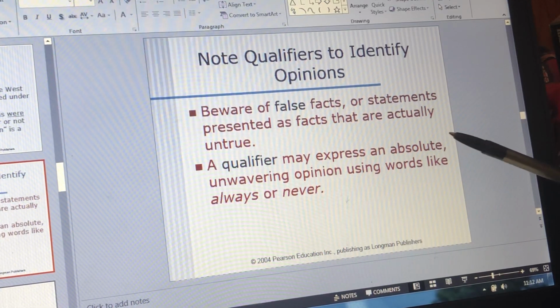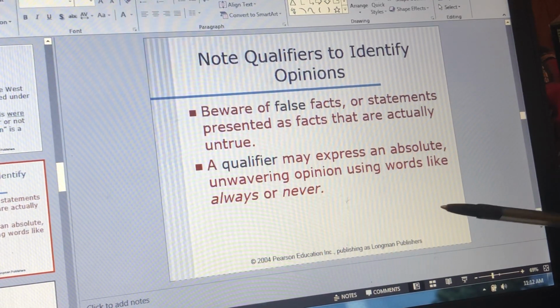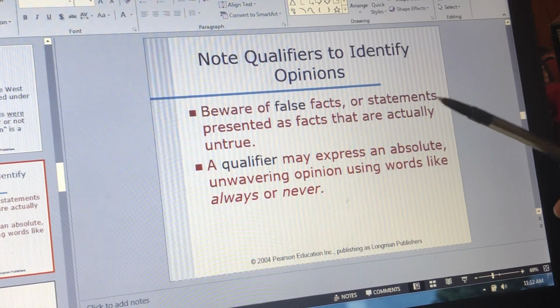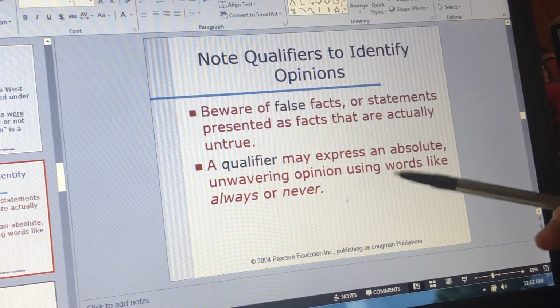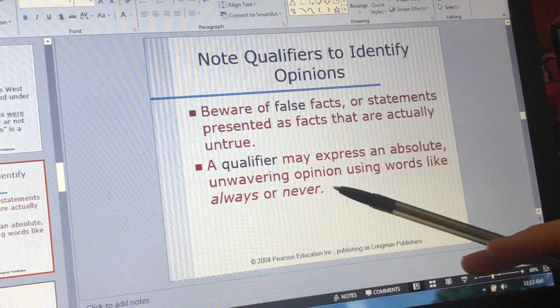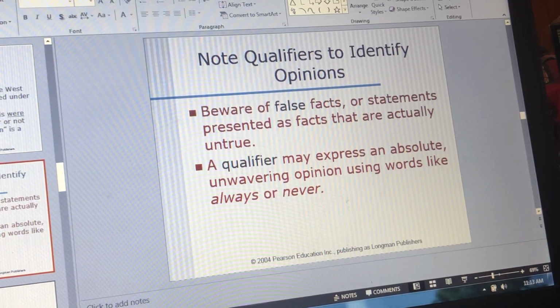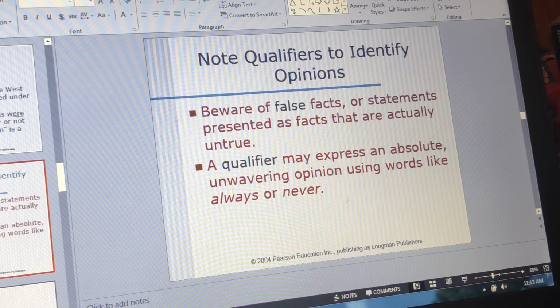Absolutes are almost always impossible to prove. Okay, so false facts are presented as facts but are actually untrue. All right, so look for those qualifiers, you know, always or never. If you make a statement in a 101 paper saying that something always happens or something never happens, all I have to do is find one case to prove you wrong. Okay.